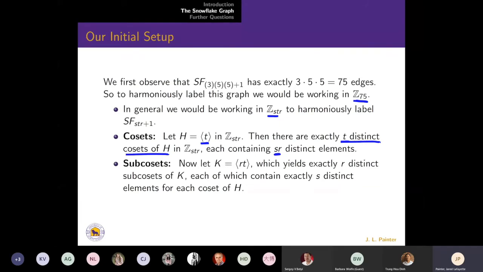Now for our subcosets, we needed to define a subgroup of H. So we define K to be r times t. That's going to give us r distinct subcosets of K, each of which contains exactly s distinct elements, for each coset of H.